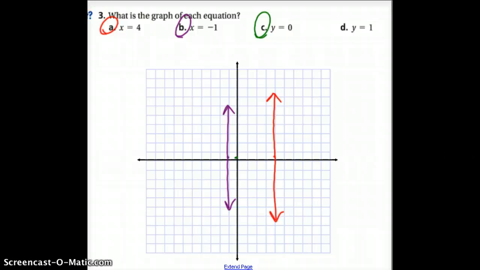Well, here's 0, 0. Y is never going to go up or down. It's a horizontal line on the origin, or the x-axis. And our last one, D, y equals 1. Here's 1. Again, it's a horizontal line at y equals 1. So if that didn't make sense, go back and watch how I found those lines.